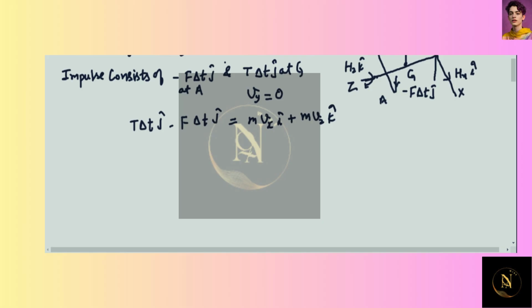So we can write T delta T to be F delta T. So Vx is 0, Vz is 0. So velocity of center of mass is 0.